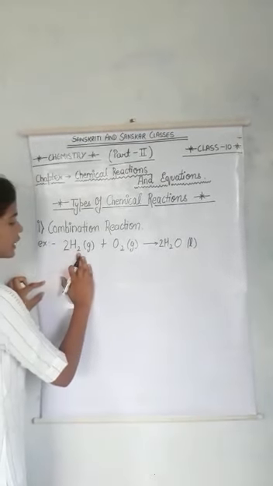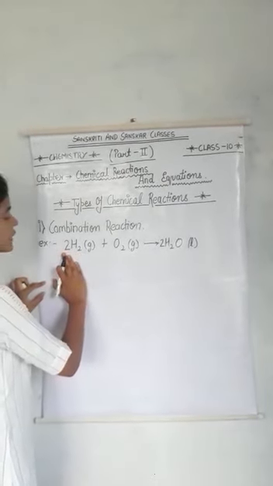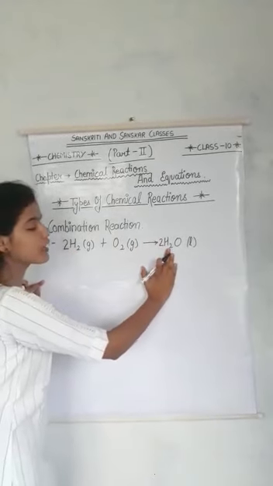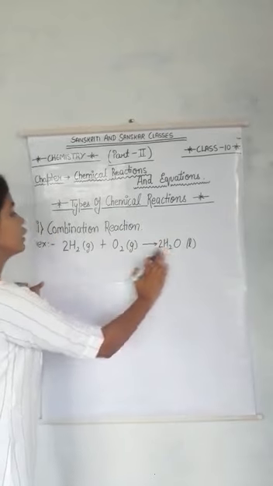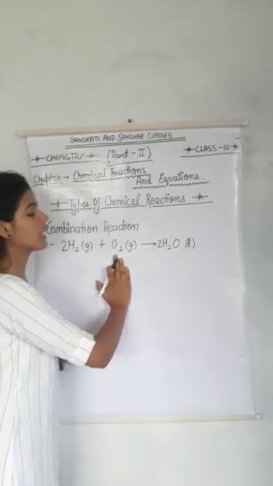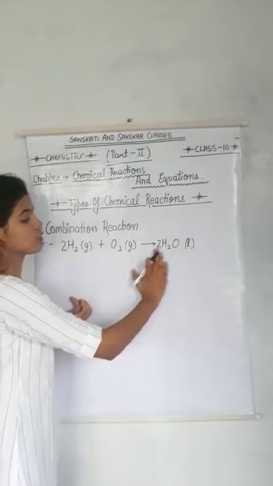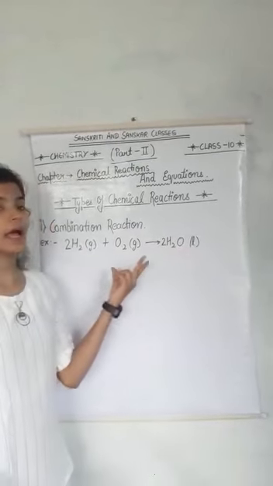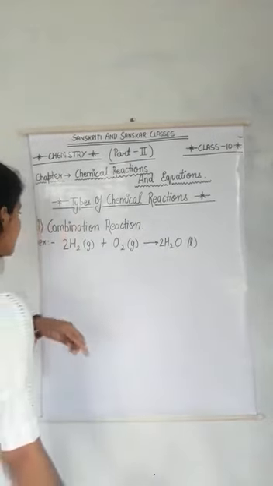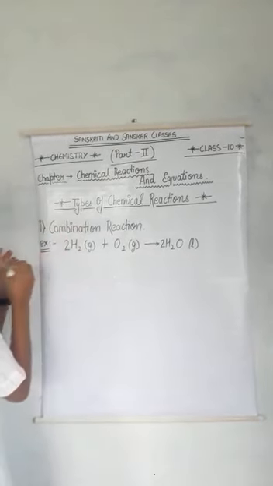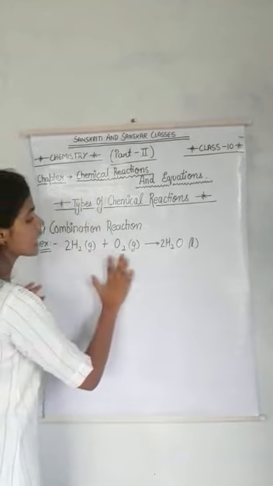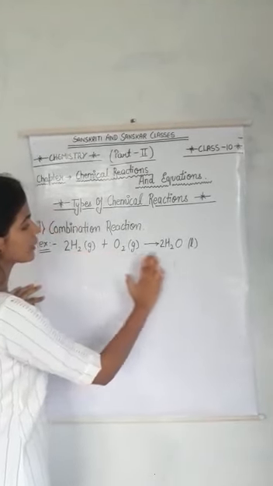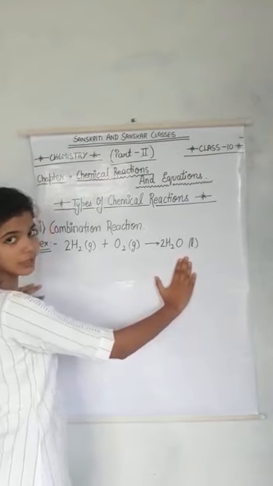Now 4 atoms of hydrogen are on the reactant side, 4 atoms of hydrogen are on the product side. 2 atoms of oxygen are on the reactant side and 2 atoms of oxygen are on the product side. Now this is a balanced chemical equation. You can see that 2 gases, hydrogen and oxygen, are combining to form what? Water.